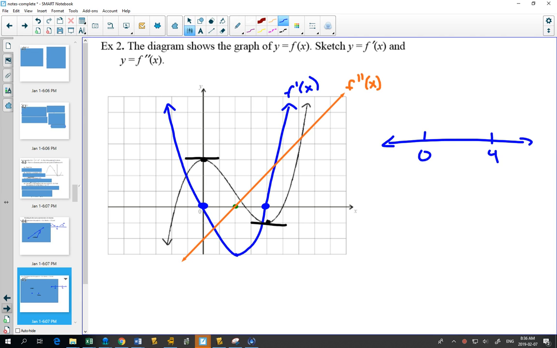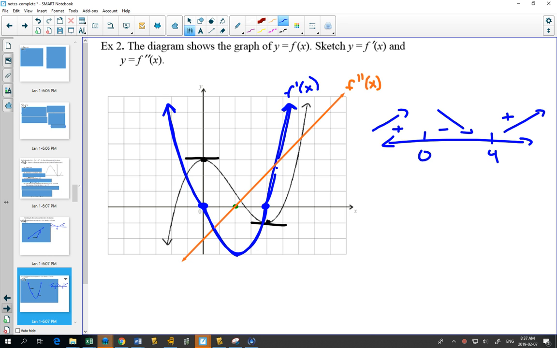Our original function goes up, then down, then up, which tells us our derivative is positive, then negative, then positive. So you know this section has to be positive, this section has to be positive, and this section has to be negative.